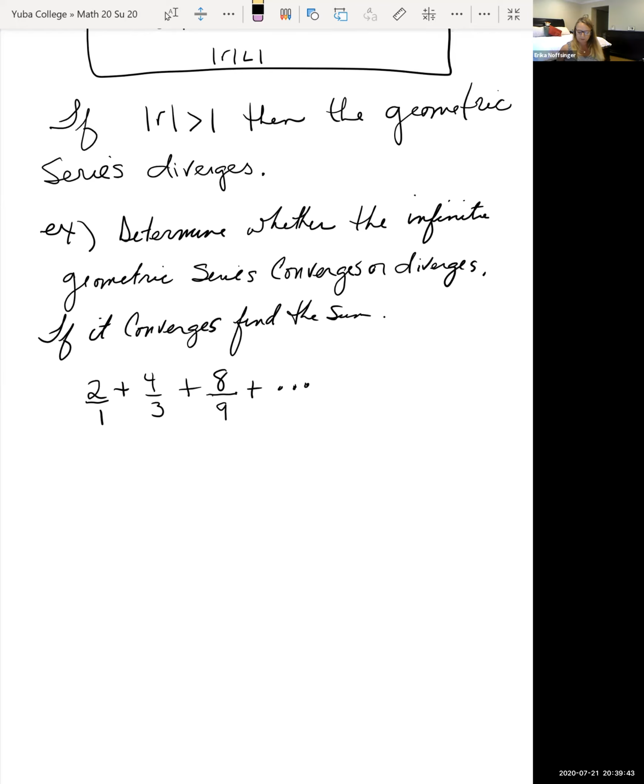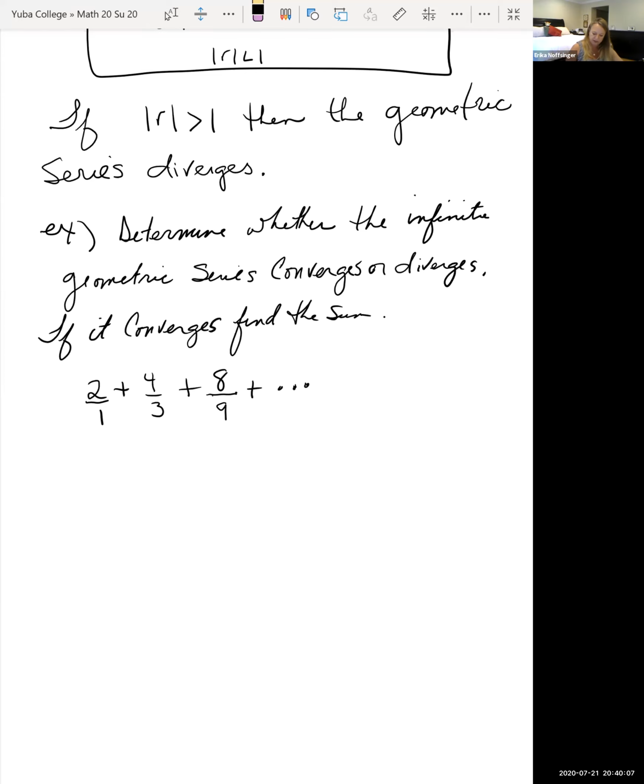To me, that looks like some power of 2, 2 to the first, 2 squared, 2 cubed. So let's look at the denominator. I have 1, 3, 9. Again, that looks like 3 raised to some n power. And so now we can manipulate it to look how we want it.